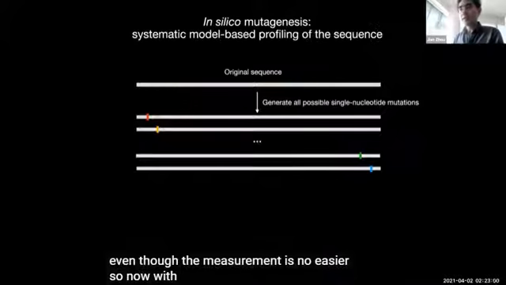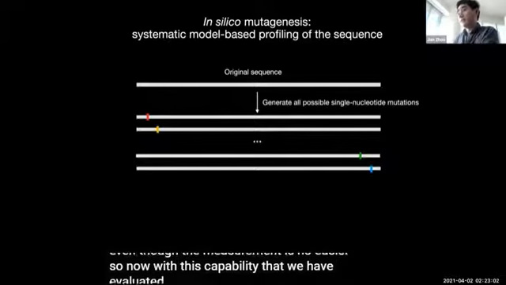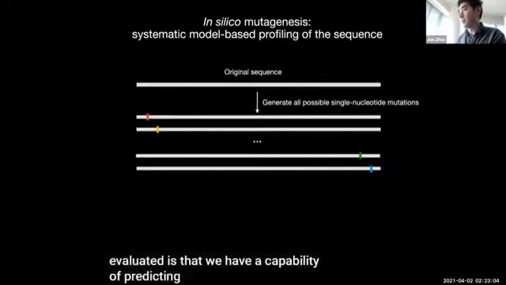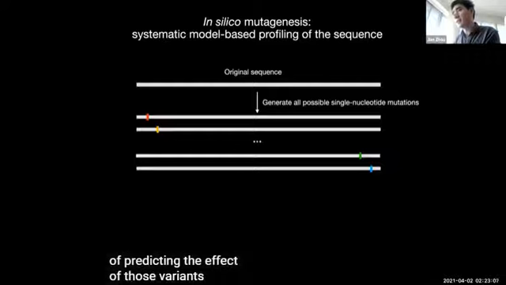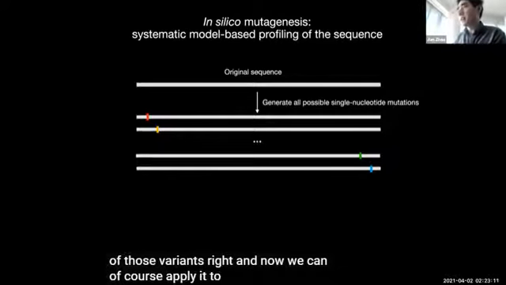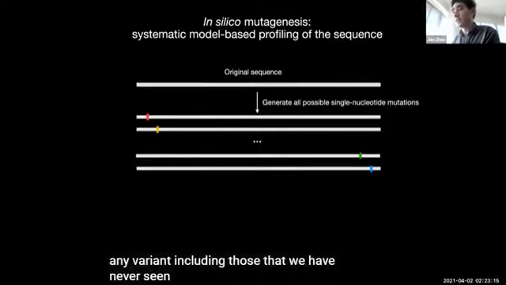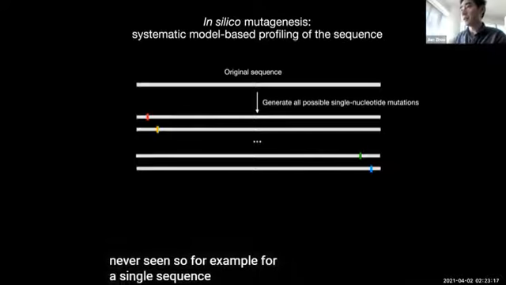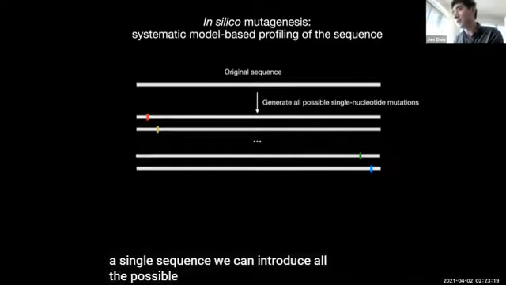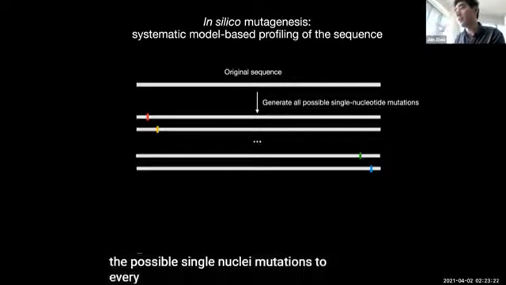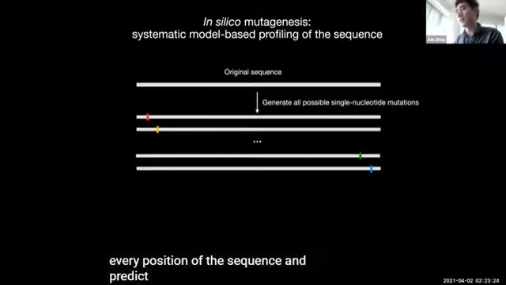So now with this capability that we have evaluated, of predicting the effect of those variants, we can of course apply it to predicting any variant, including those that we have never seen. So for example, for a single sequence, we can introduce all of the possible single nucleotide mutations to every position of this sequence and predict its effect.